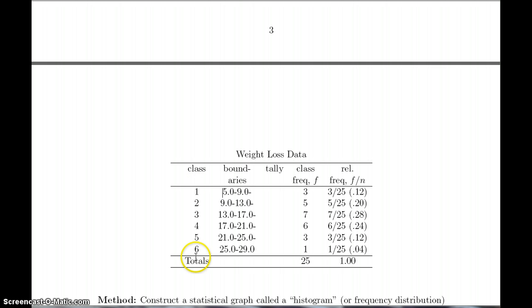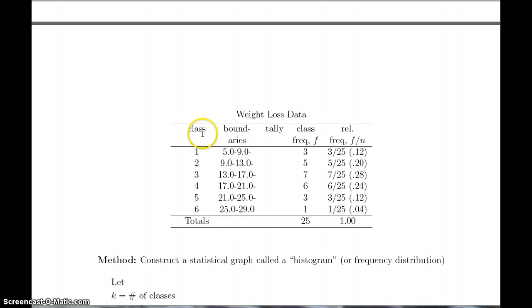You can see here, we'll talk later about why 6. And now we're going to divide. Let's go from 5 to 9. This would be our first class, and 9 to 13, 13 to 17, and so on.